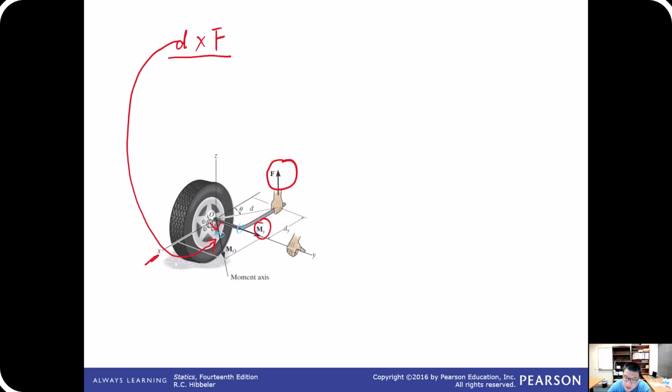We already get MO, and My will be MO times cosine theta. That's one method.